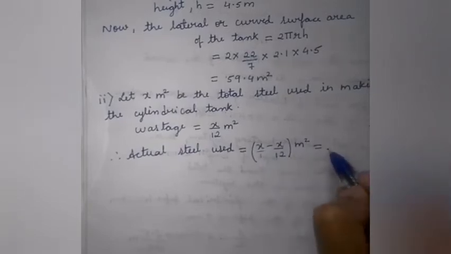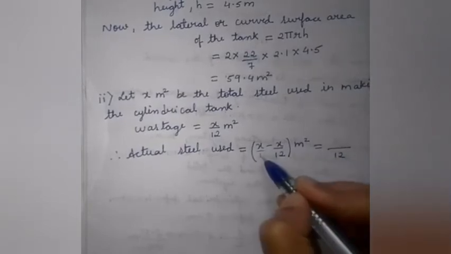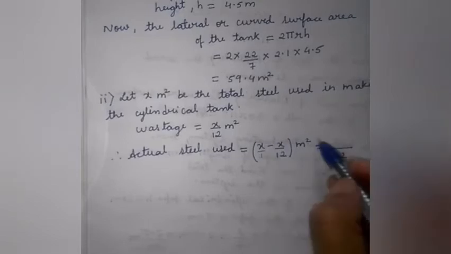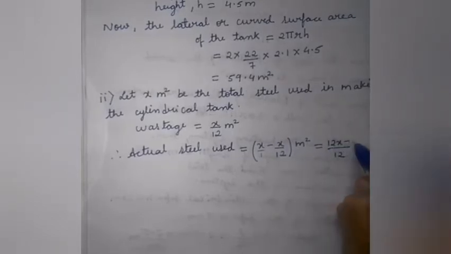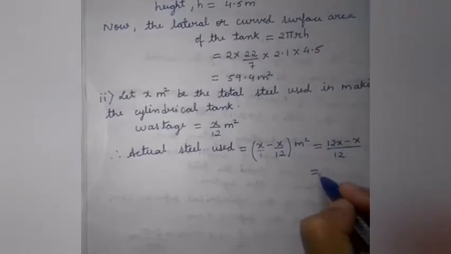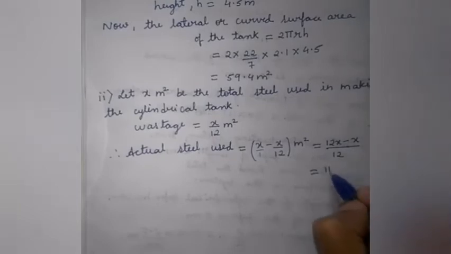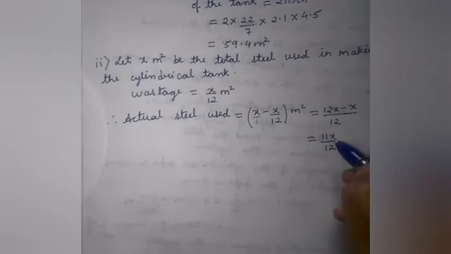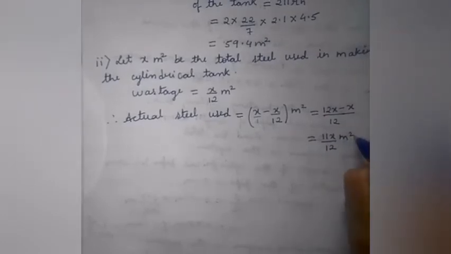LCM of 1 and 12 is 12. So in order to make this denominator 12, multiply numerator and denominator by 12. So we have 12x minus x, that is 11x divided by 12. So the actual steel used is 11x divided by 12 meter square.